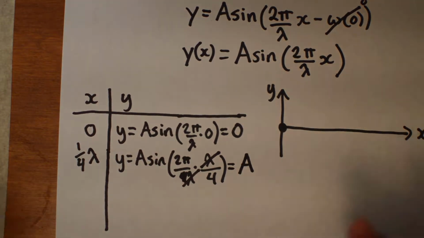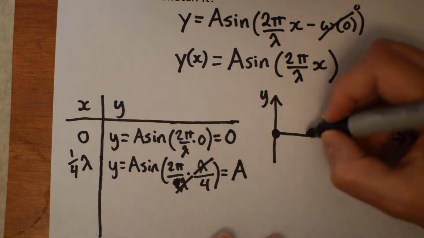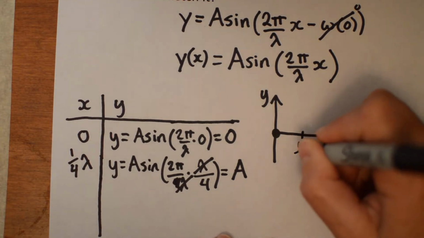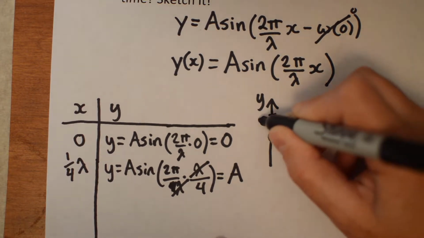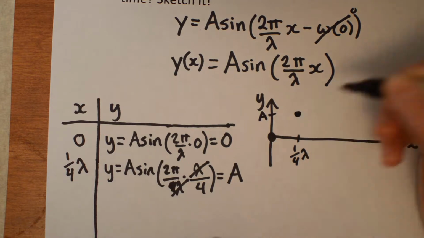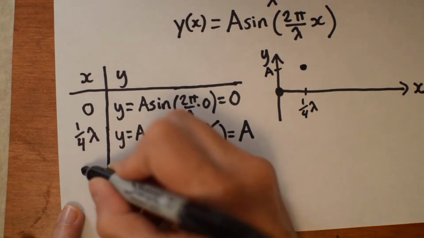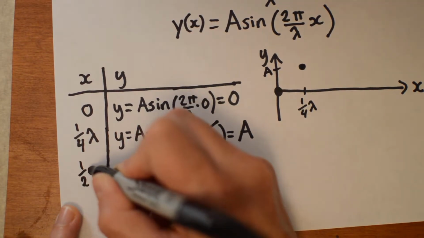So that actually tells me that at sine of pi by 2, I reach the amplitude, which I should. So this is a quarter lambda here, and I reach a, the amplitude. That makes a lot of sense. My next point is going to be half of lambda.